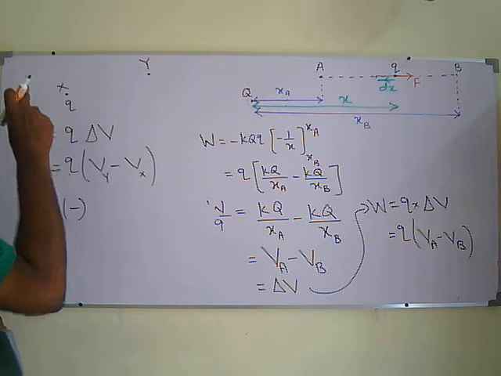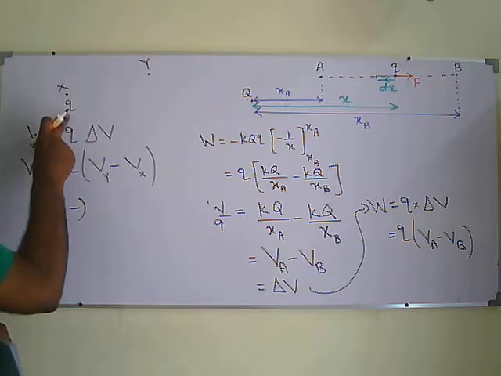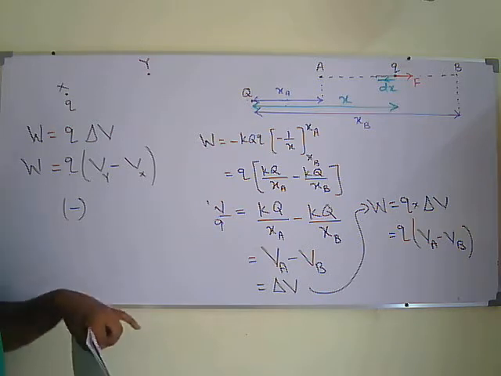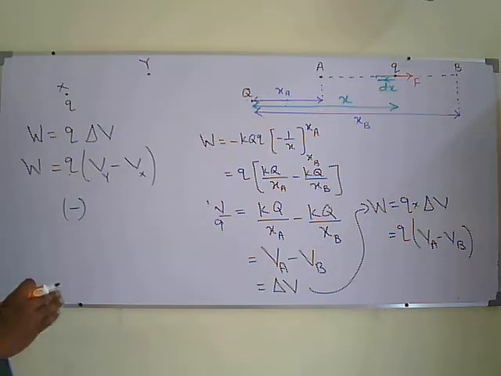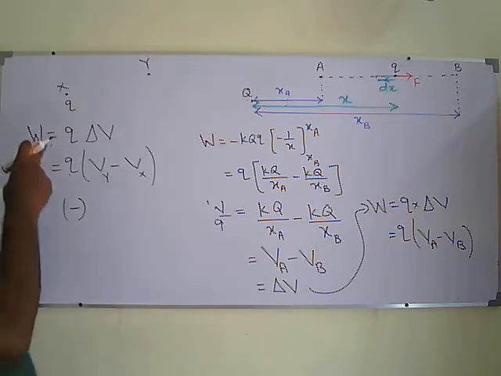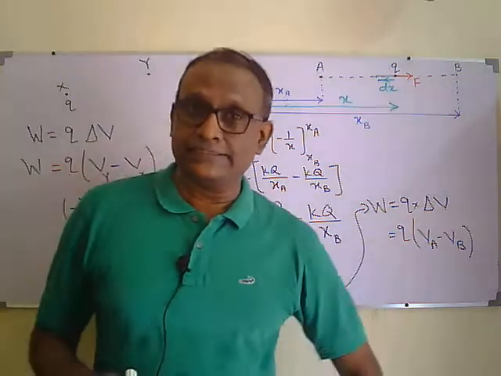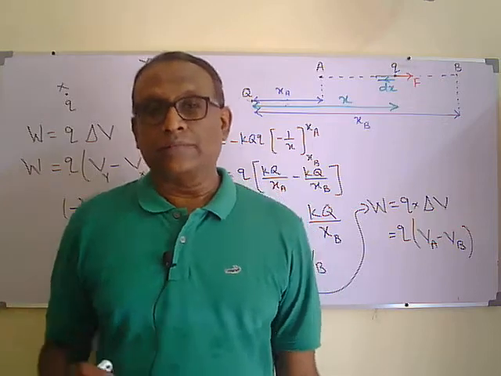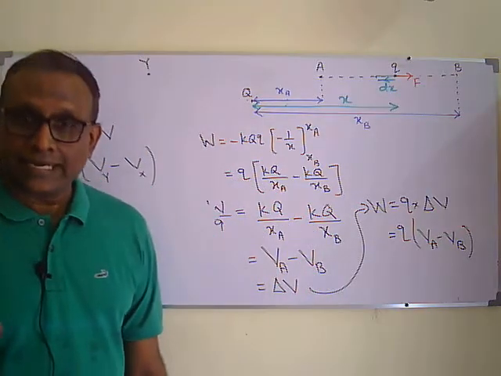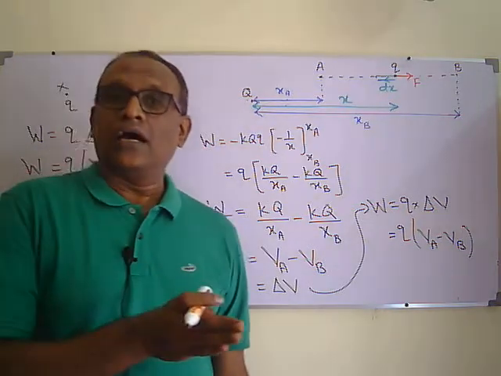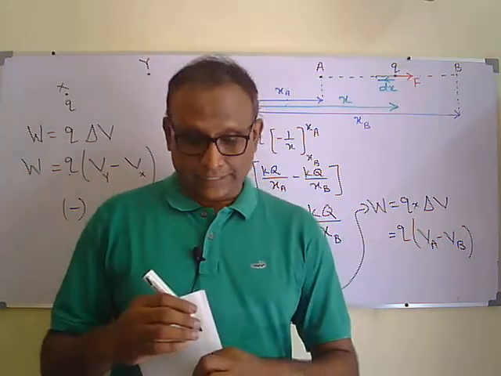If it gets a positive value, that means when this charge moves from X to Y, it will lose its kinetic energy and gain potential energy. If it is a negative quantity, it loses its potential energy and gains kinetic energy. Okay, so remember the meaning of negative and positive values of work done and electrical potential energy.